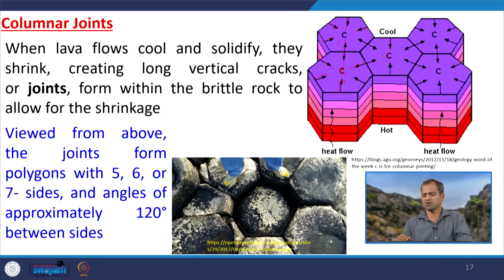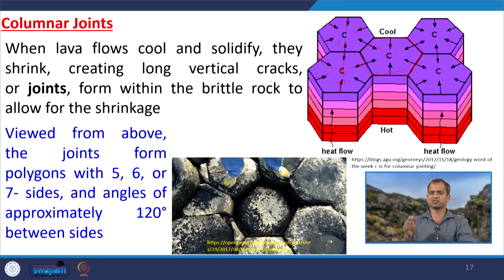Once contraction occurs, you get well developed walls or fractures. See, these well developed fractures form when this magma was cooling. So, there may be 5, 6, 7 sided walls of fractures developed, and if you see in the cross section, you will see this type of pentagon, hexagon like that.